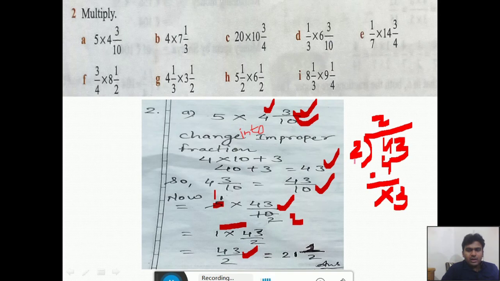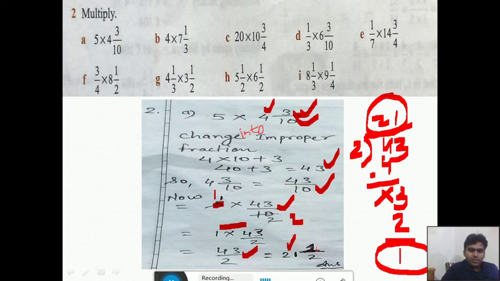Now read the table of 2. 2 1s are 2, so write down 2 here. Now what is left? 1 is left. This is the quotient. So write the quotient as a whole number. So our answer here is 21. Then write down the remainder as the numerator, and at the end the divisor in the denominator. So you will get the answer 21 complete 1 upon 2.